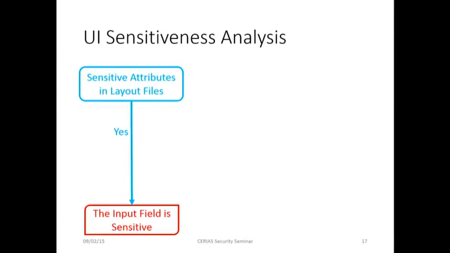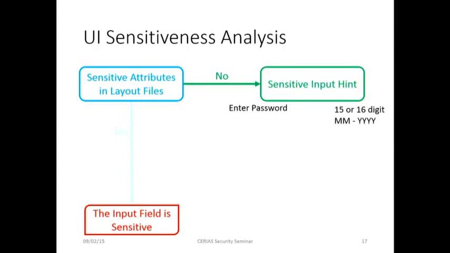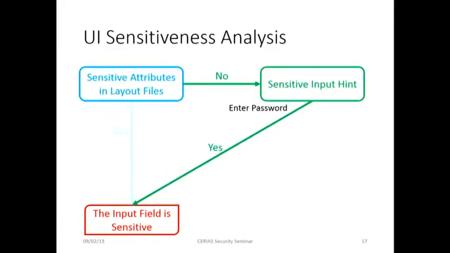But if the sensitiveness cannot be determined by this simple step, we need to check whether the hint of the input field contains some sensitive keywords. For example, in some apps, the hint can tell the user to enter a password. And in our previous examples, the hint tells the user how to enter the data. If the hint contains sensitive keywords, the input field is viewed as sensitive.